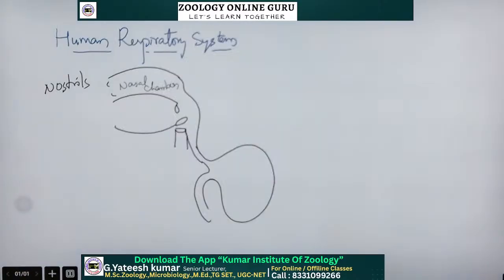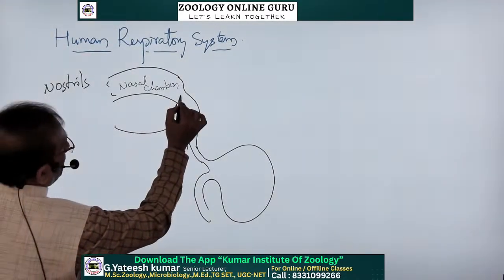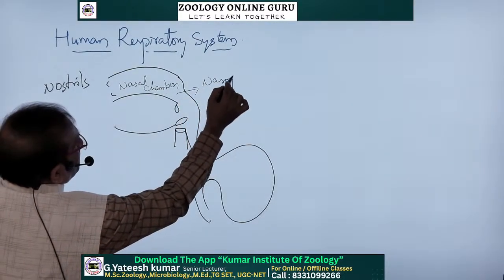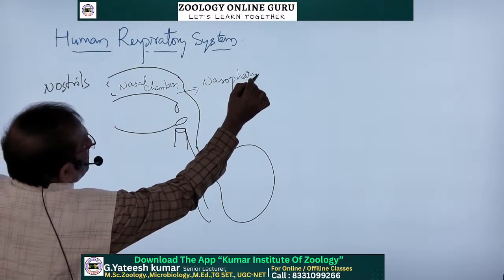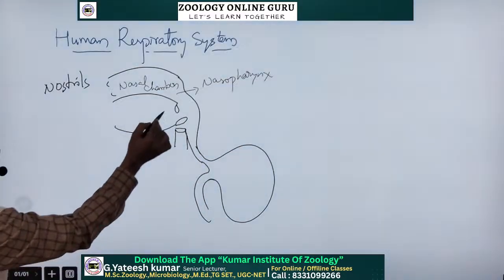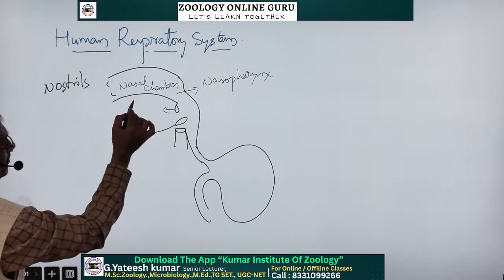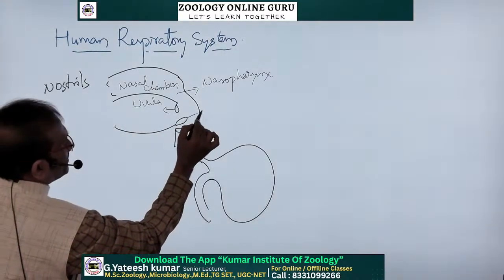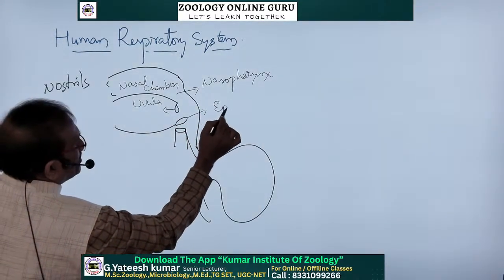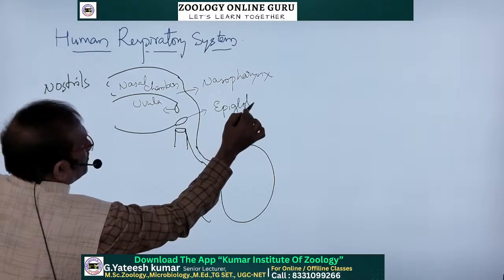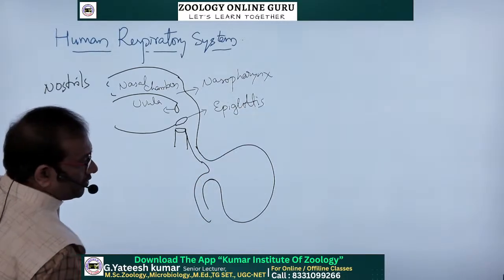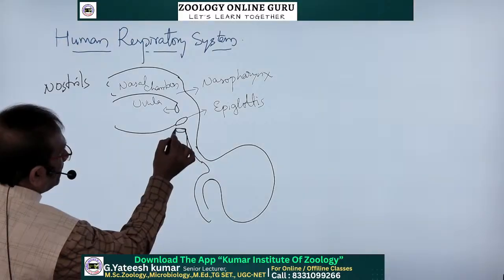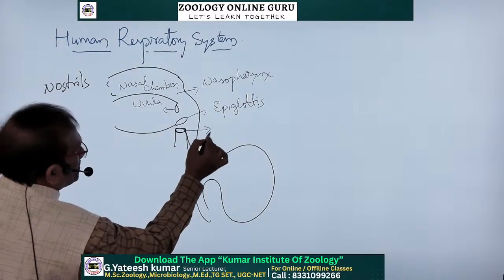Then this is the nasopharynx, and this is the uvula, and this flap is called the epiglottis. The hole in the trachea tube is called the glottis.